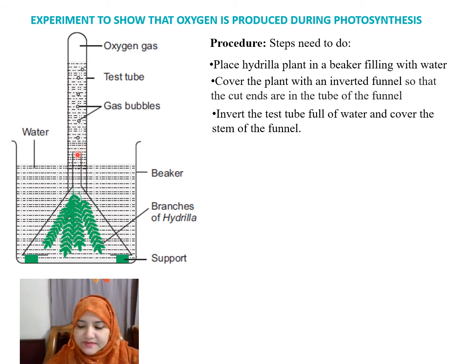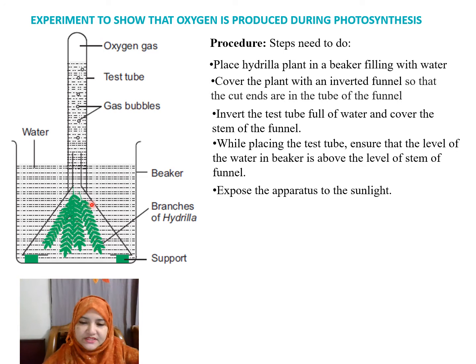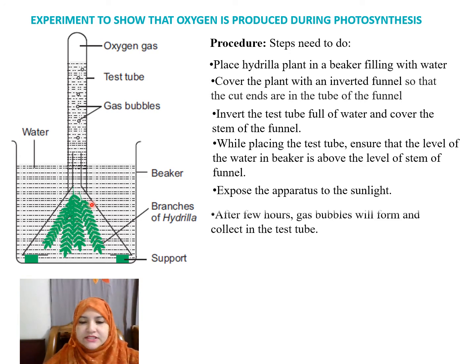While placing the test tube, ensure that the level of water in the beaker is above the level of the stem of the funnel. Then expose the apparatus to the sunlight, and after a few hours gas bubbles will form and collect in the test tube.